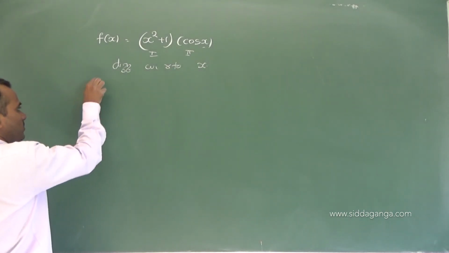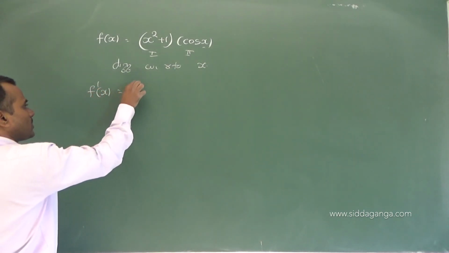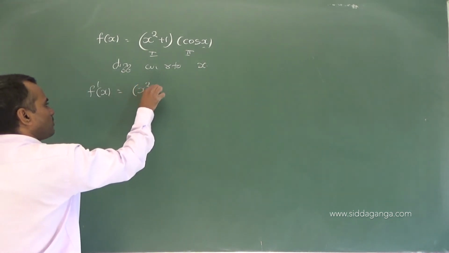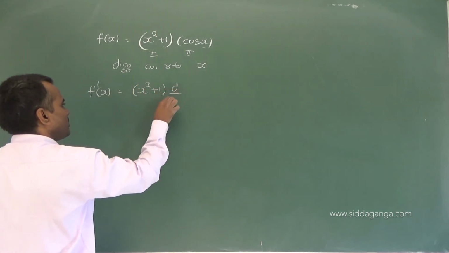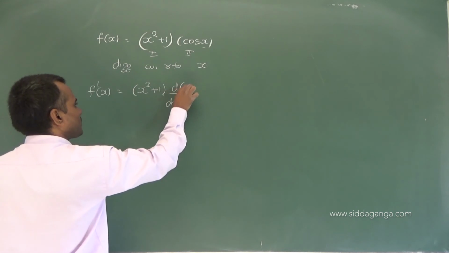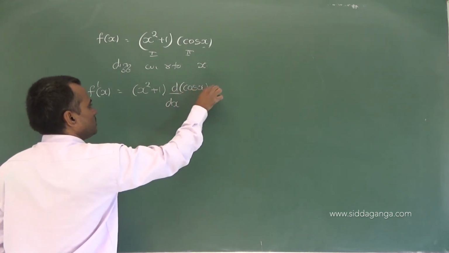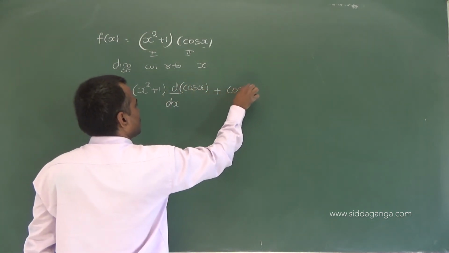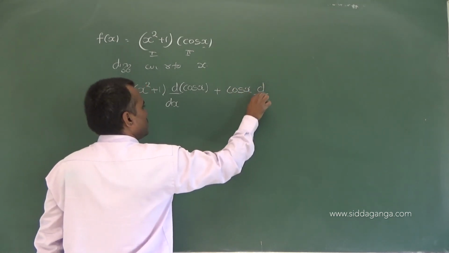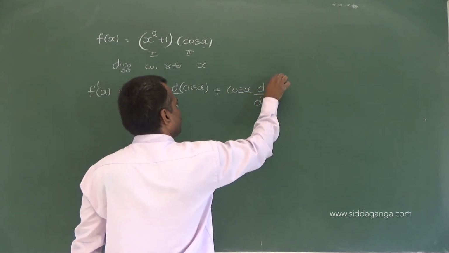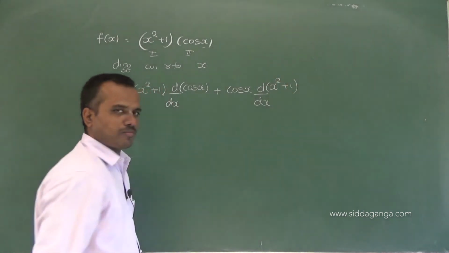f'(x) equals (x square plus 1) into d/dx of cos x plus cos x into d/dx of (x square plus 1).